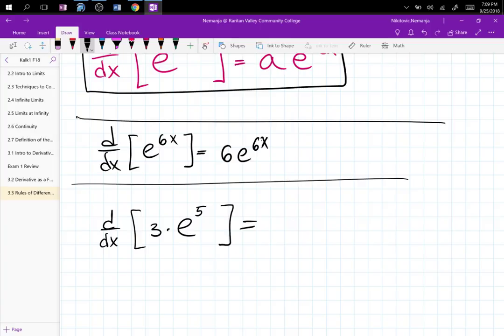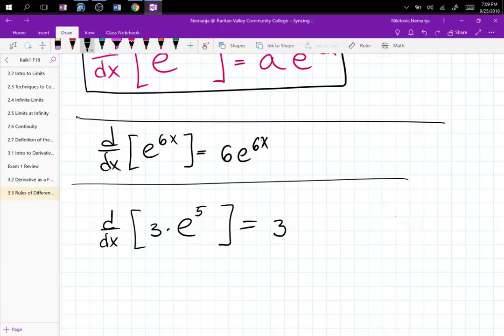You can kick the constant out, and you would have 3 times d over dx of e to the 5.